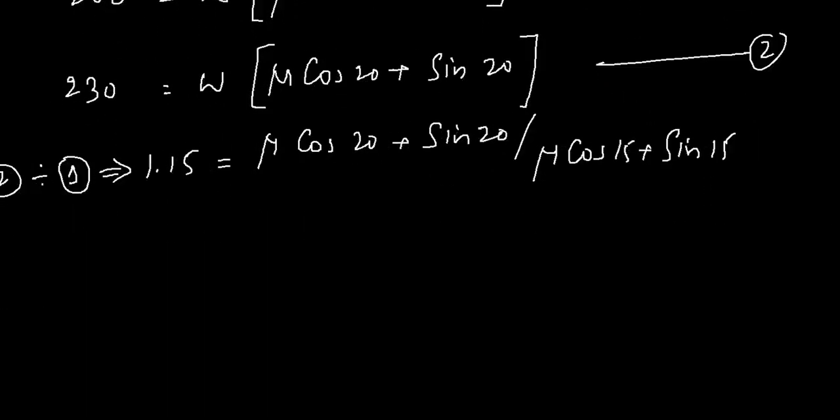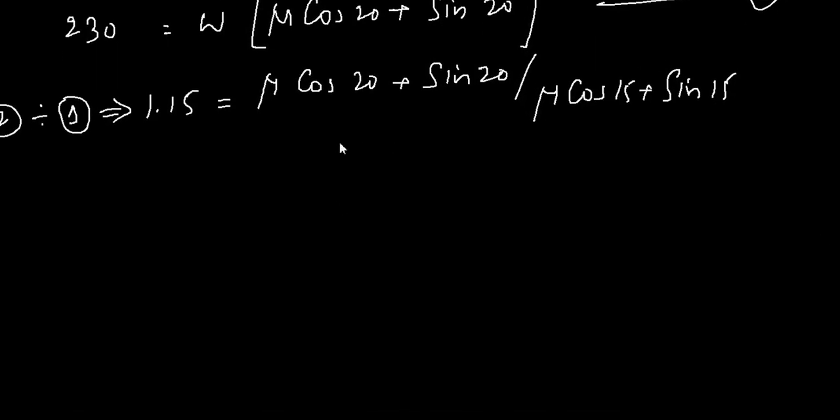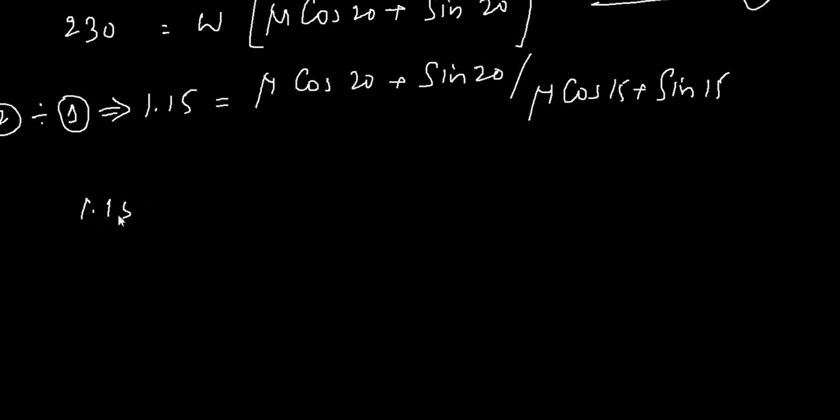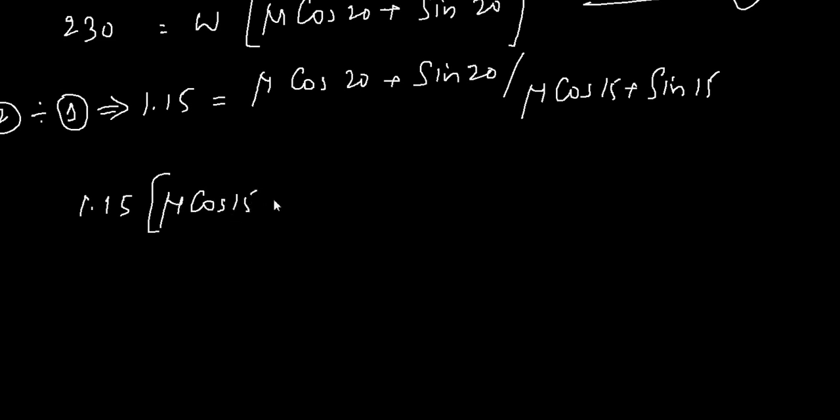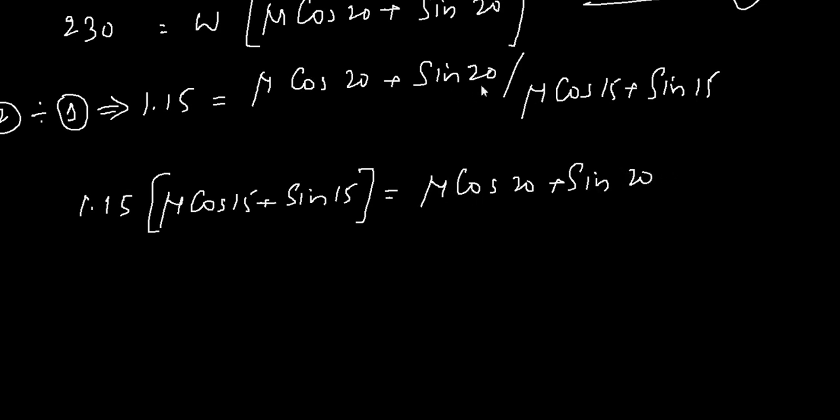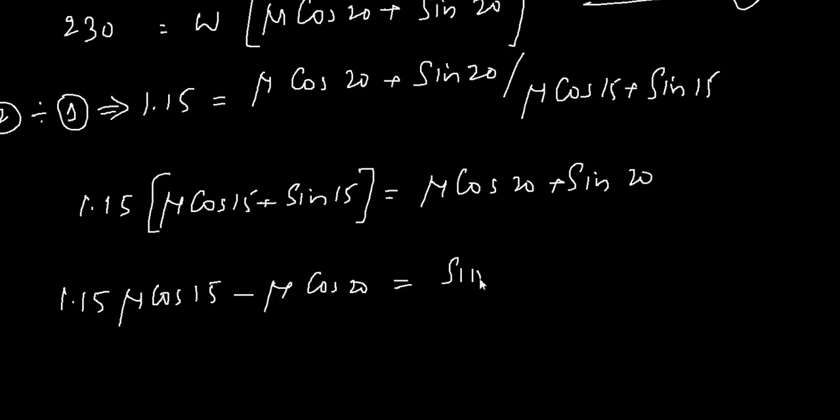Now it's only mathematical operations to solve the problem. So you have 1.15 times mu cos 15 plus sine 15 is equal to mu cos 20 plus sine 20. I just rearranged it, took this one to the other side of the equation. Now taking the cos terms together to one side, you have 1.15 mu cos 15 minus mu cos 20 is equal to sine 20 minus sine 15.